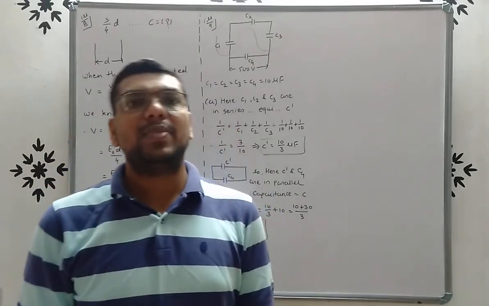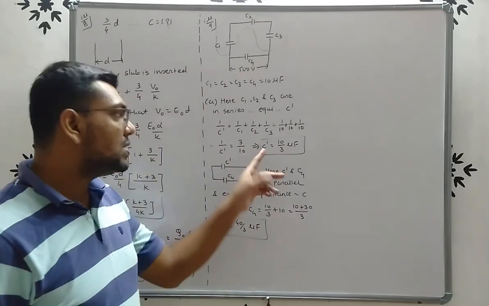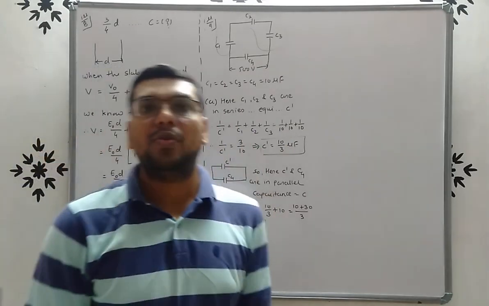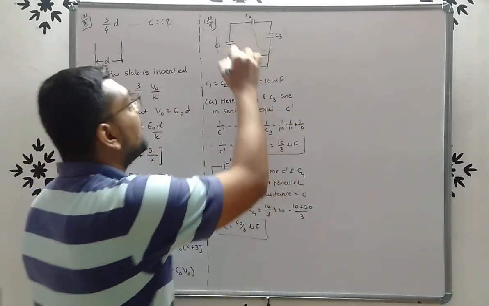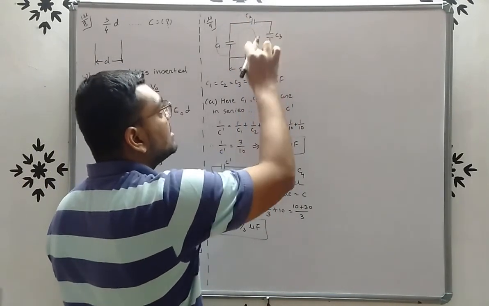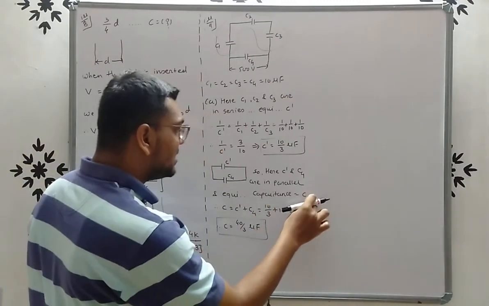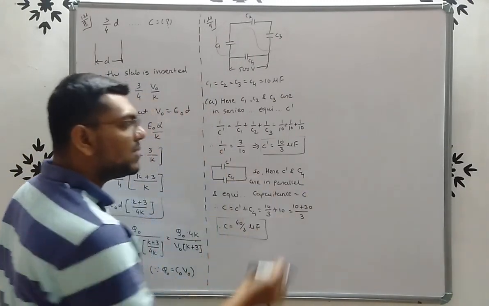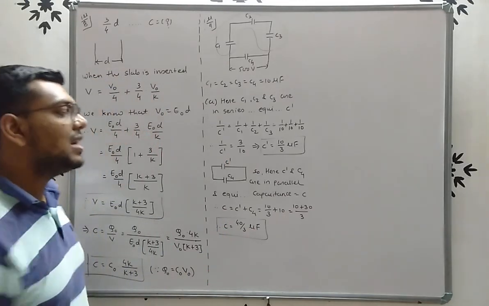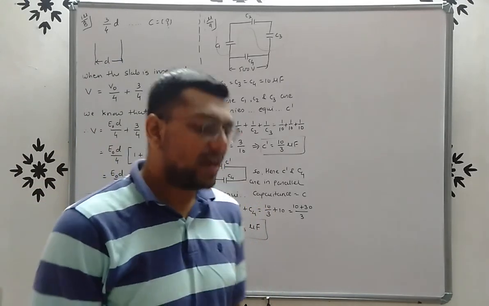So 1 by 10 plus 1 by 10 plus 1 by 10 is equal to 3 by 10. So C dash is 10 by 3 microfarad. Now this equivalent capacitance C dash is in parallel with C4. So the equivalent capacitance is C. So C is equal to C dash plus C4. So we get equivalent capacitance 40 by 3 microfarad.